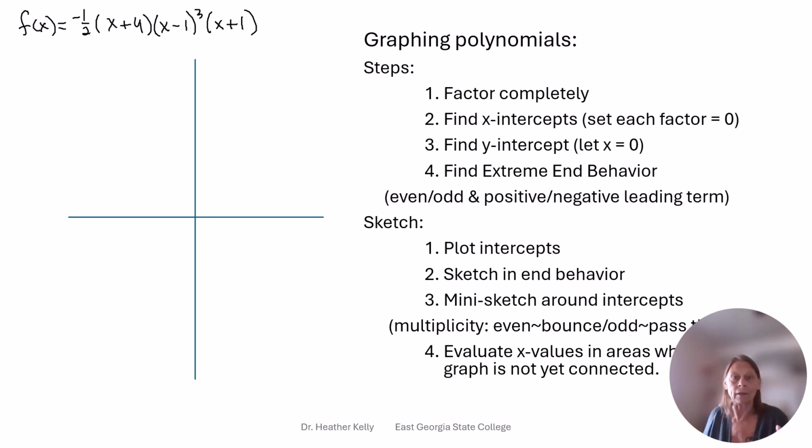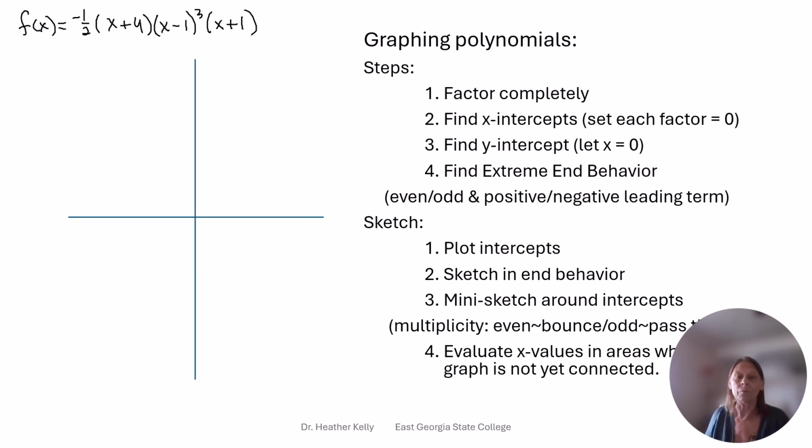Well, there are 3 things that we need to have for graphing polynomials. In fact, 2 of those things we need for graphing anything that we're graphing, whether it's an exponential, a logarithm, a quadratic, which is a kind of a polynomial, a cubic, which is a polynomial, logarithmic. All of these things you have to always have x-intercepts and y-intercepts, okay?